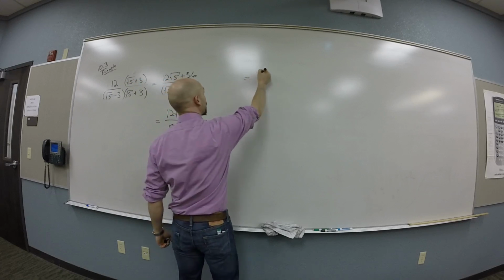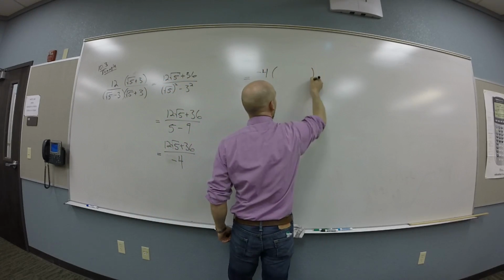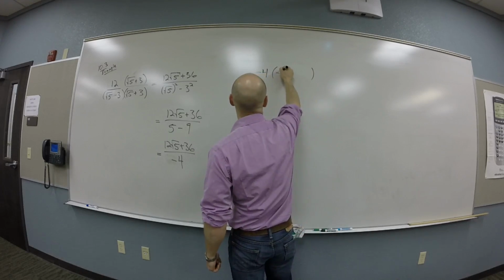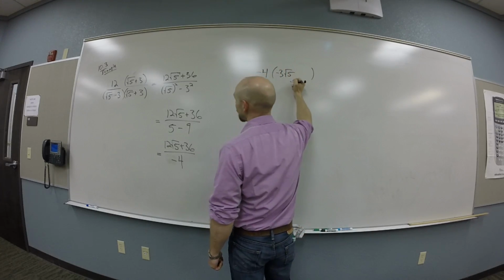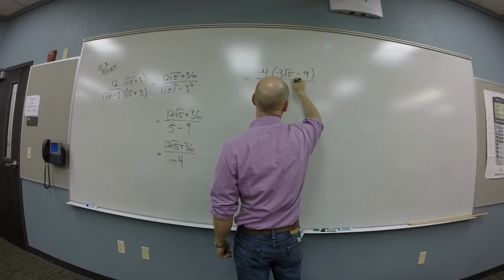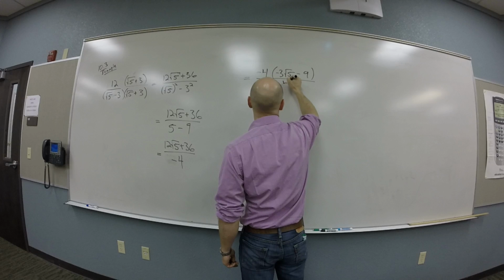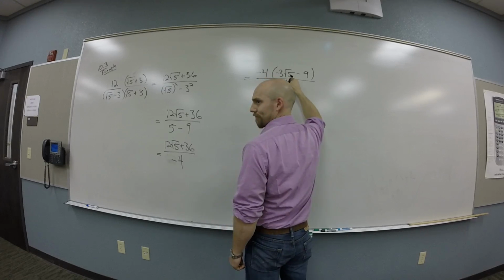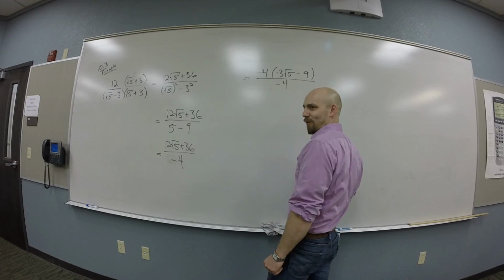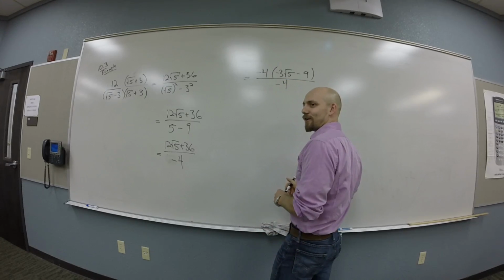So if you take a -4 out of the top, what are you left with? -3 root 5 minus 9? And this is over? Still -4. Are you canceling already?